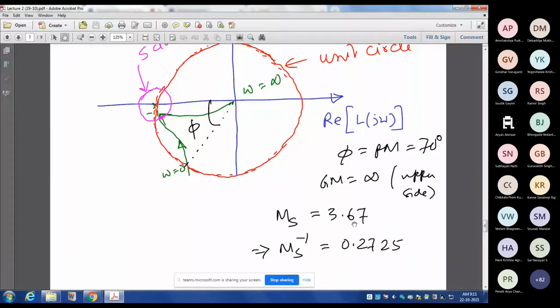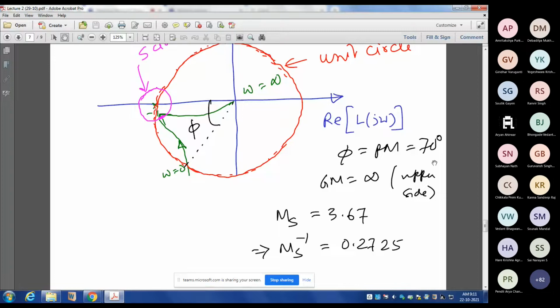As a result, MS inverse is very small. You can easily see from this figure that this point is very close to -1, although its gain margin and phase margin are good.